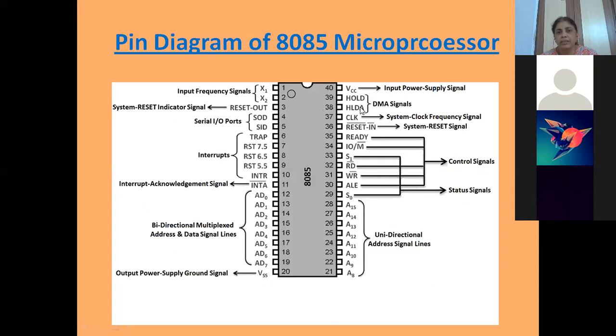These hold and HLDA signals are used by DMA controller. Now we have already discussed what is DMA. DMA is direct memory access. So it is a device that helps to transfer data directly without using processor.